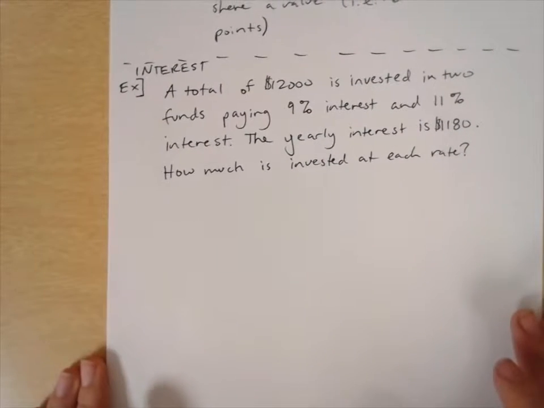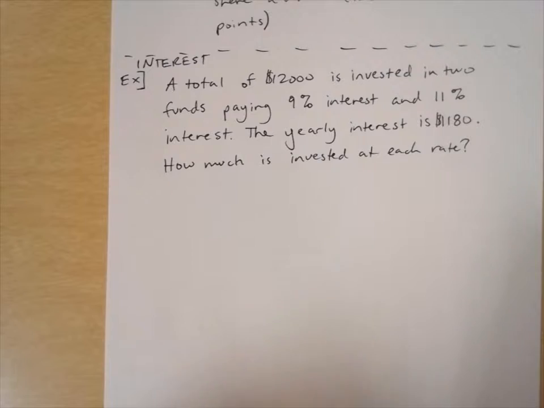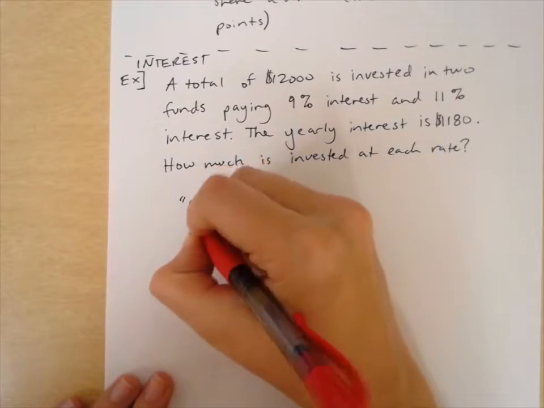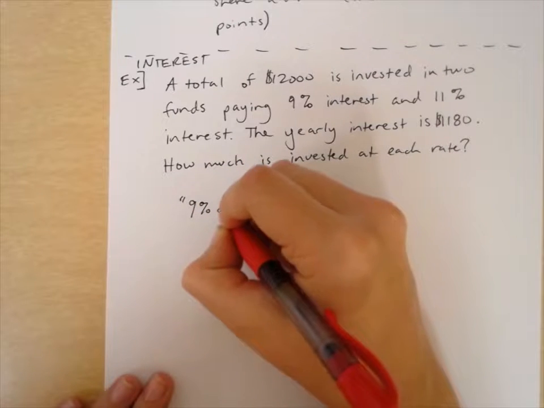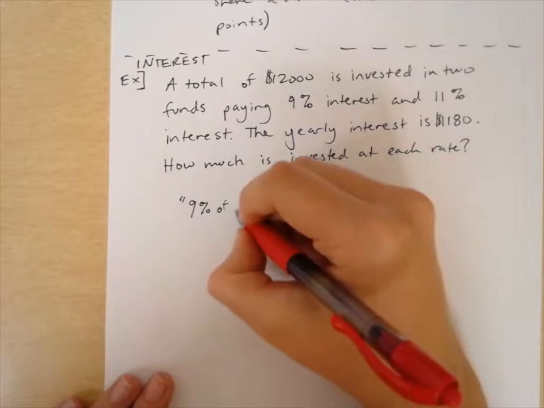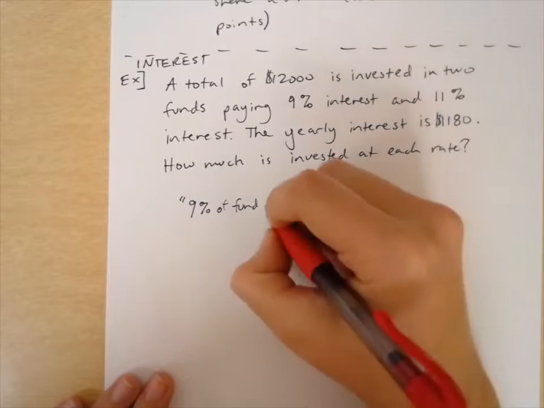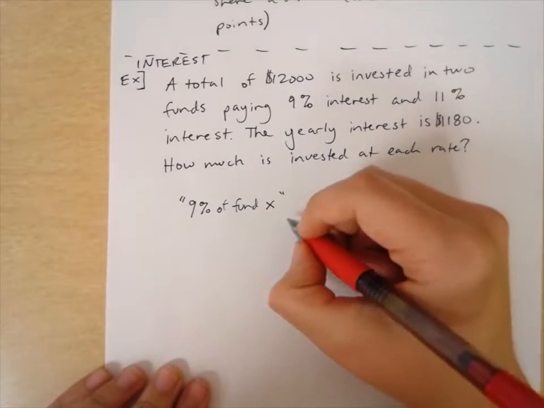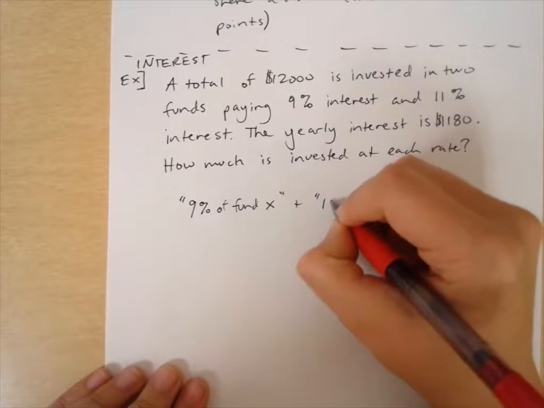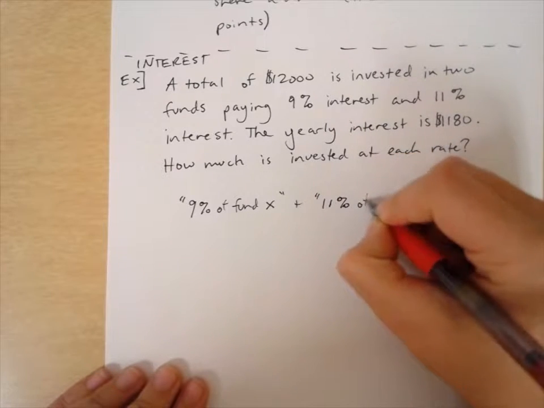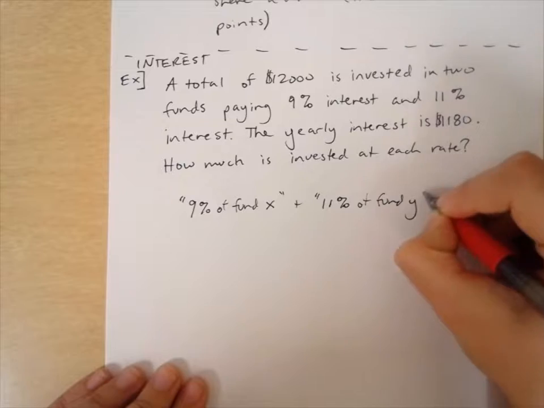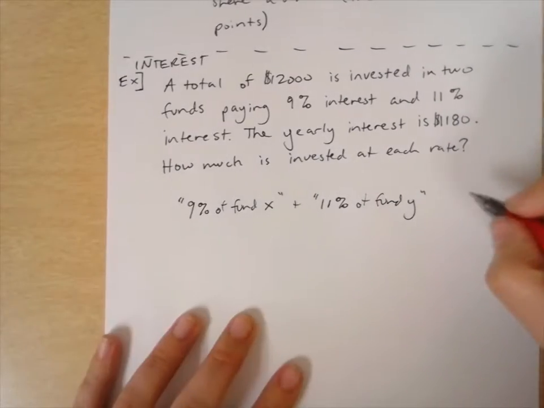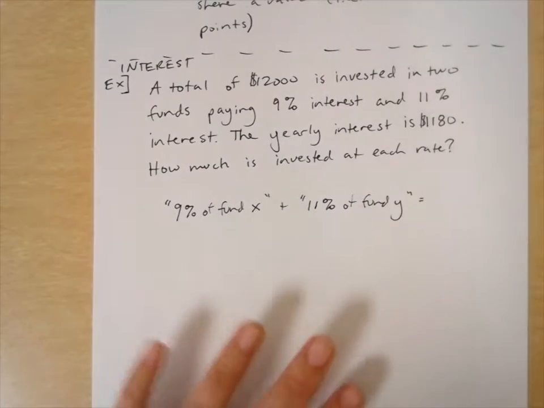However, we're going to write out in words what we do know. We do know that 9% of the fund we don't know, I'm going to call this Fund X, because we don't know how much it is, plus 11% of Fund Y, because we don't know what that fund is. We don't know how much we put in either fund. That's going to be the total amount invested.